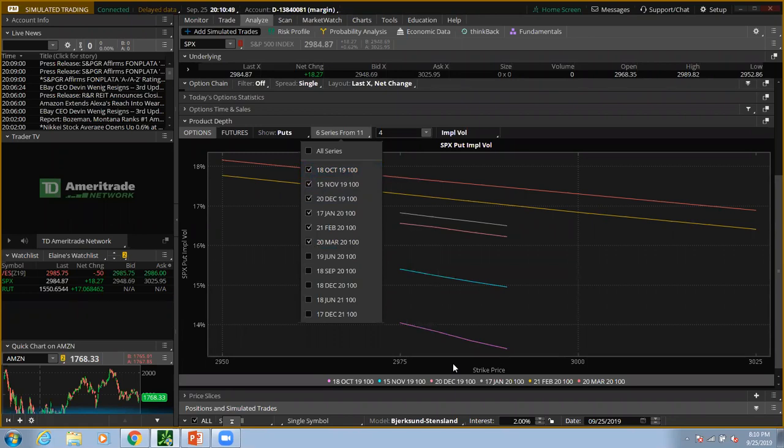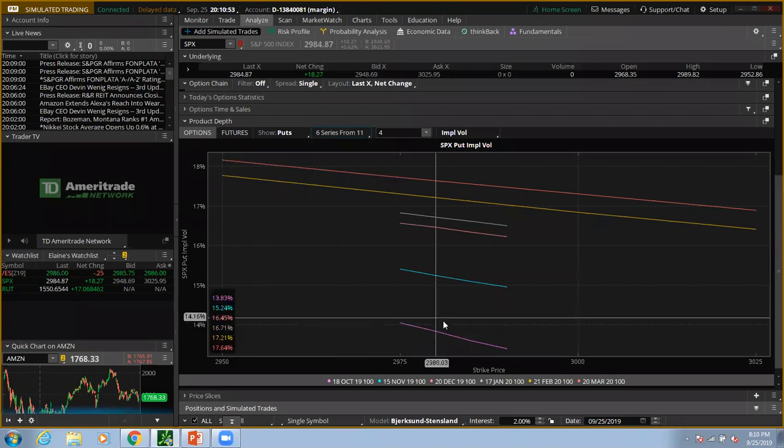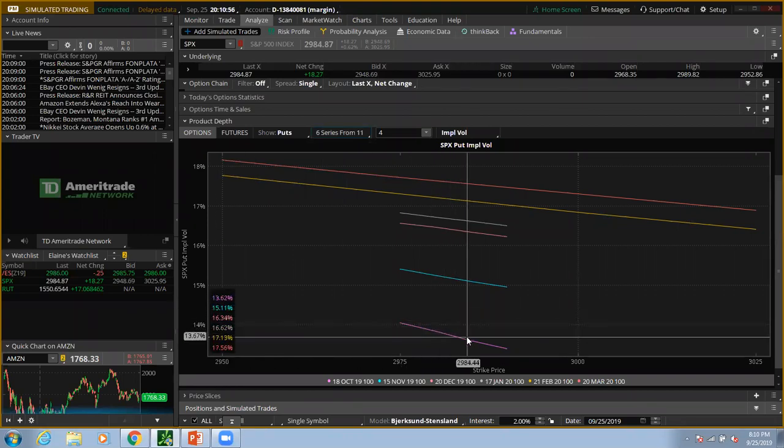This gives us a graphical representation of the different volatility levels of the at the money options with each series moving on out into time. Across the bottom, each one is color coded.